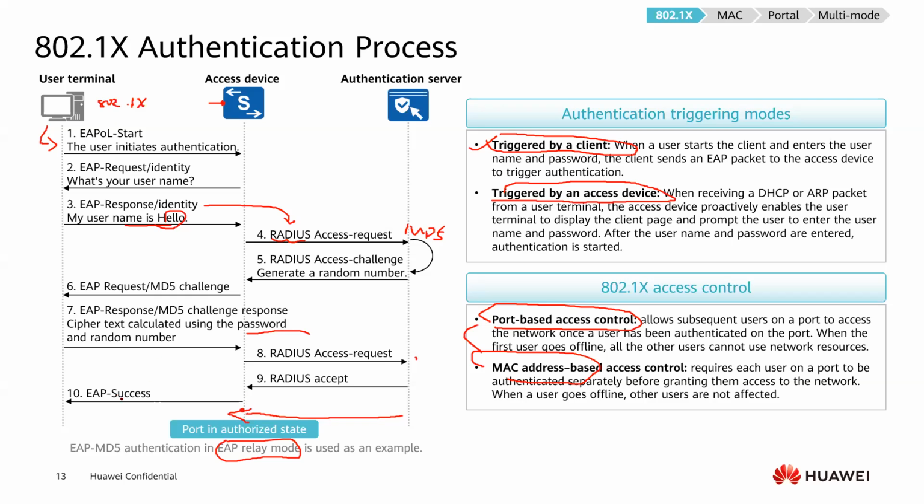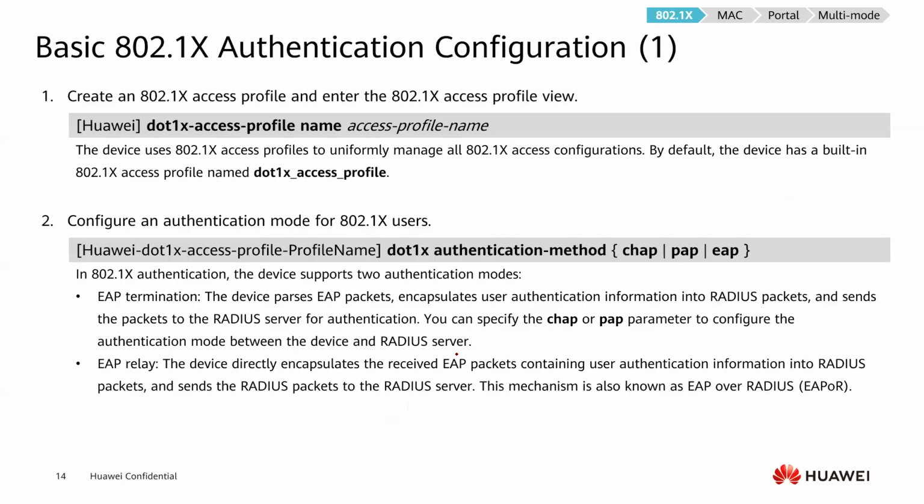When the terminals want to connect to specific resources, they send traffic to the access devices, and the access devices will do traffic control based on the VLAN and the ACL. So this is the whole process for the first technology.